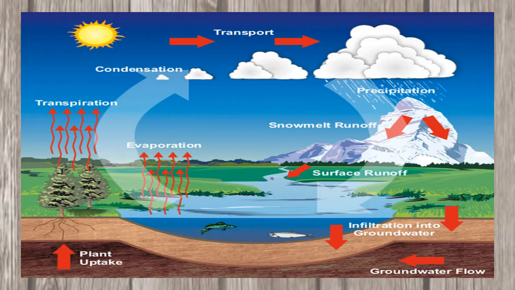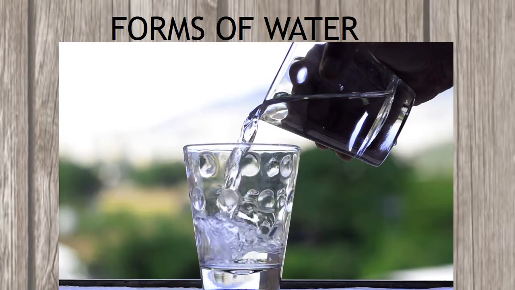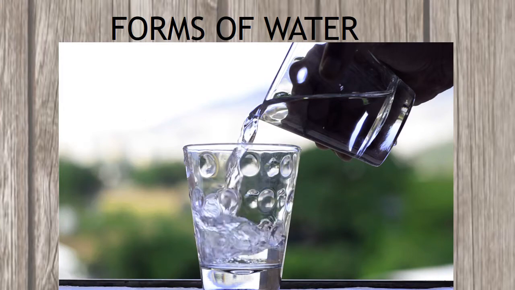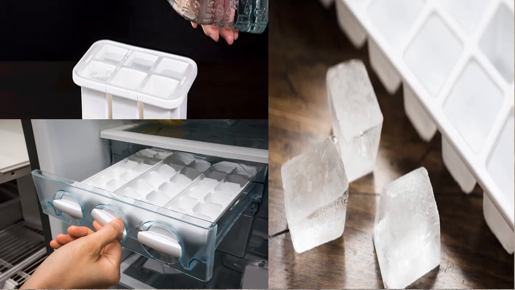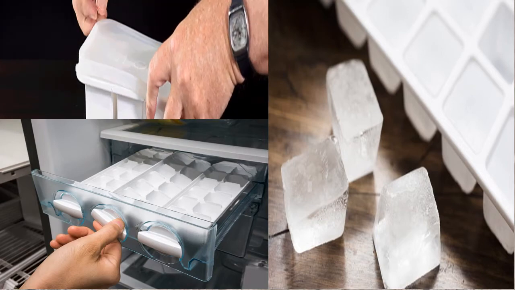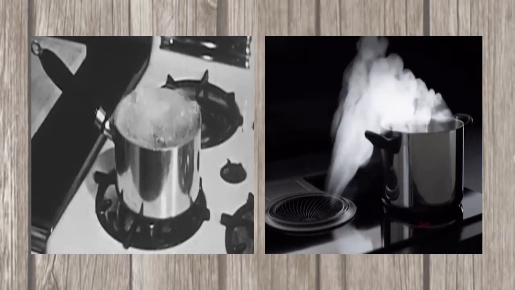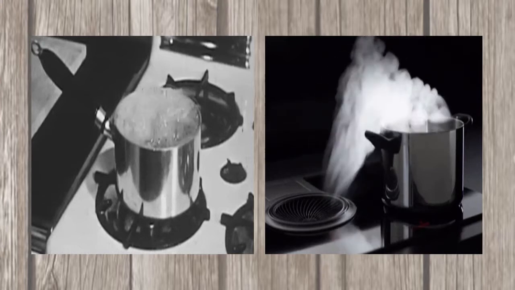Okay, understood? Children, do you know water changes its form? So let's learn about the three forms of water. If you keep an ice tray filled with water in the freezer, after some time that water changes into ice. When we boil water in a vessel, hot steam comes out, or it turns into vapor.